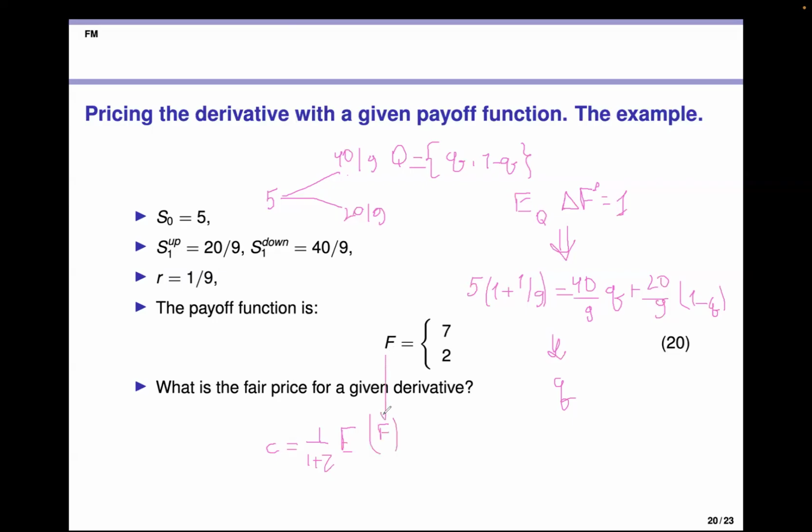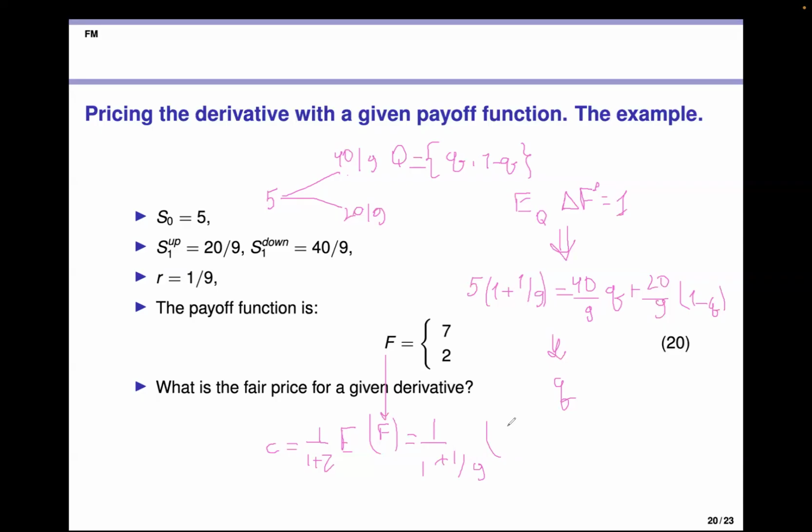And that's our payoff function. So it should be 1 divided by 1 plus 1 divided by 9. And how can we find the mathematical expectation for this?